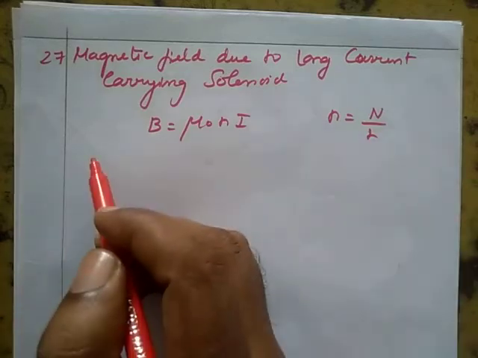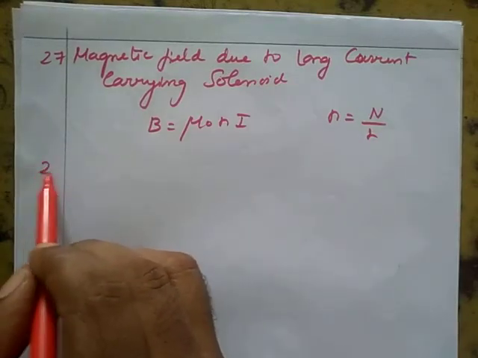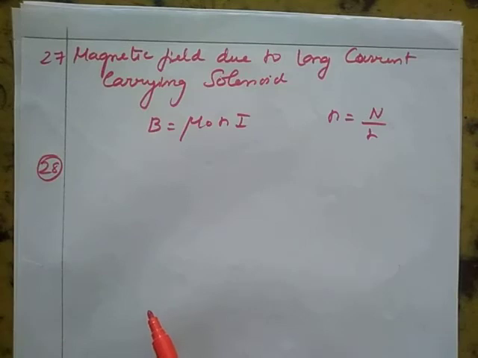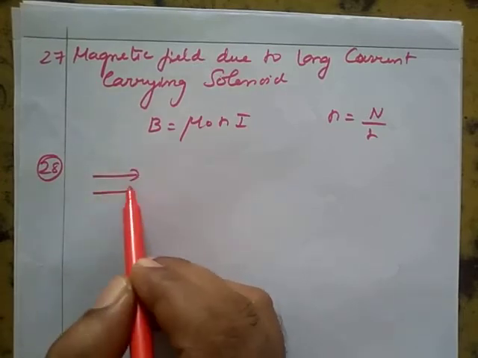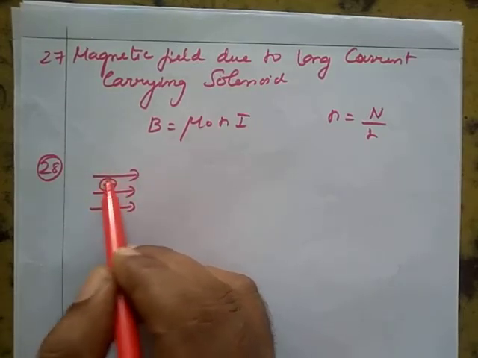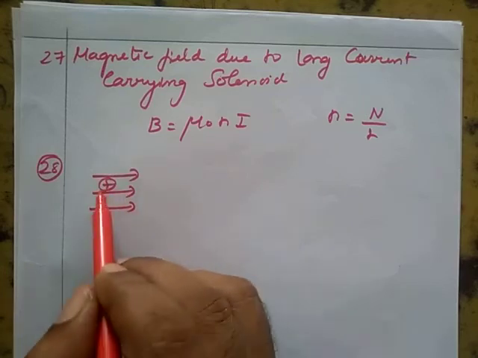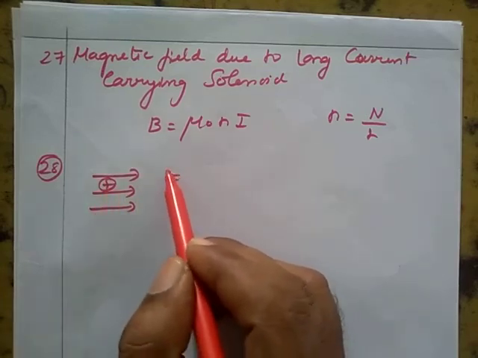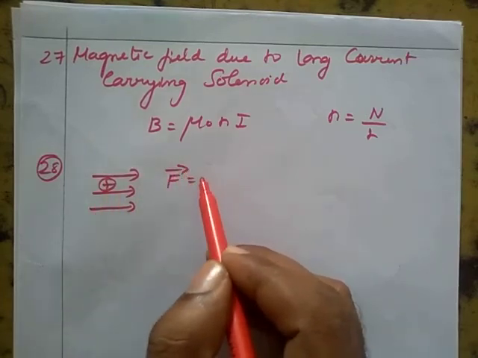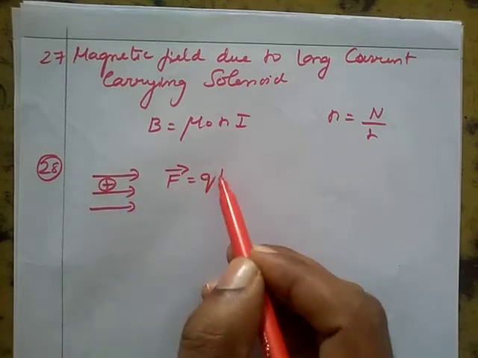Then our first topic, the Lorentz force. We know very well that a charged particle placed in an electric field experiences a force. If a charged particle, plus q, is placed at rest in an electric field, it experiences the Coulomb force, F vector is equal to q E vector.